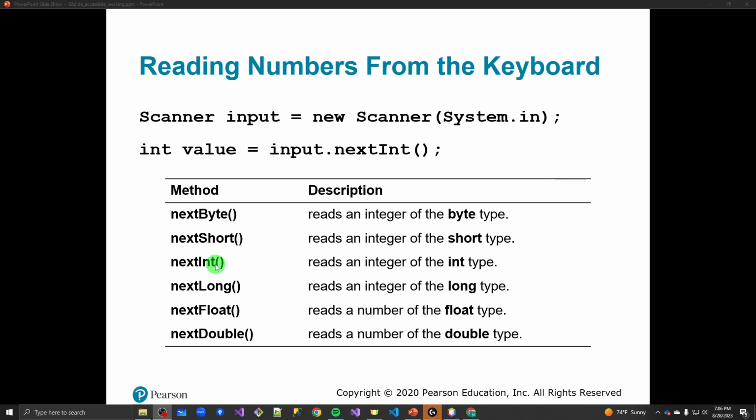Get me an integer of the int type. Get me an integer of the long type. I can also use floats and doubles. But which two are you normally going to see? Probably nextInt and nextDouble, because we use ints and doubles most of the time. But all of those methods exist in the scanner objects, so we can make use of them. Just know that it's usually going to be nextInt or nextDouble, depending on whether you want decimals or not.